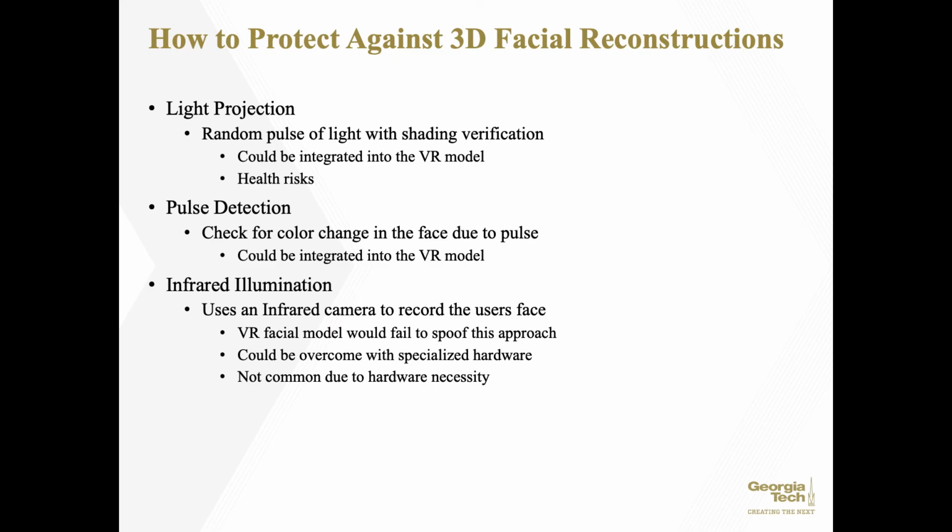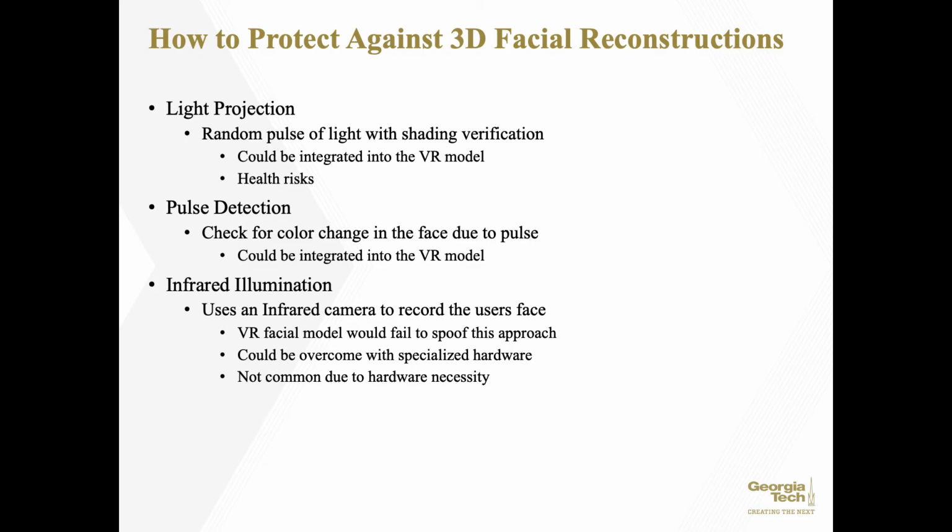So, how can we improve the security of these systems? Here are 3 recommendations. The first is light projection. It involves turning on a pulse of light on the user's face in order to verify it is 3D and a real face.